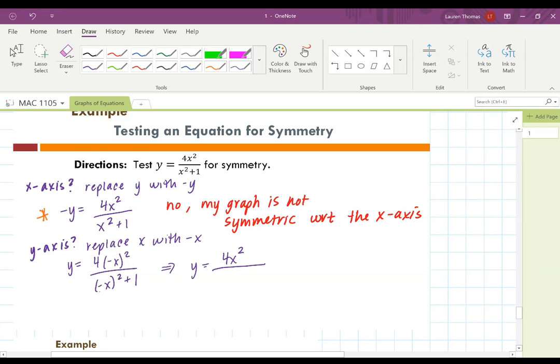It's going to square, this is going to become positive, and I'm going to have x to the second power plus 1. Now I need to see, is my new equation the same as my original one? When I compare them, they are identical. So that lets me know that yes, my graph is symmetrical with respect to the y-axis.